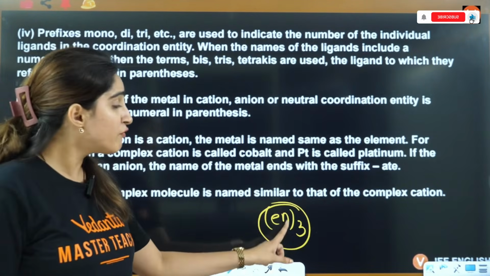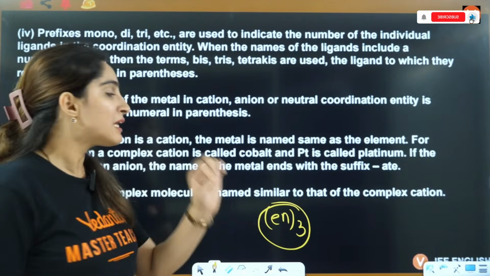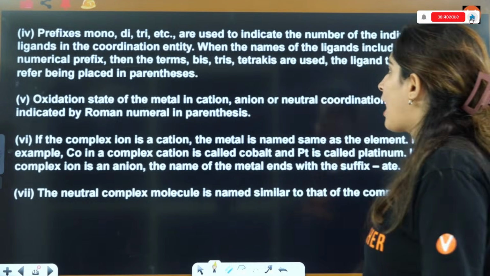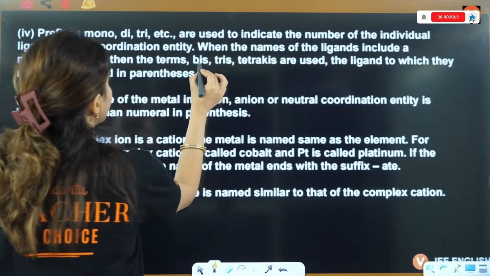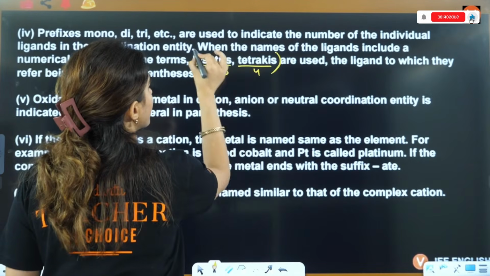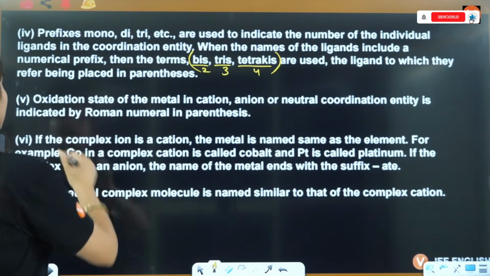So if the ligand name itself has di and tri, then you mention the number of ligands by the terms bis for 2, tris for 3, tetrakis for 4, and pentakis for 5.